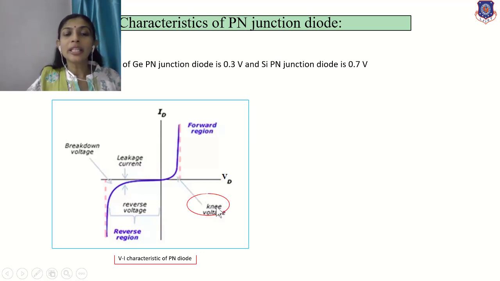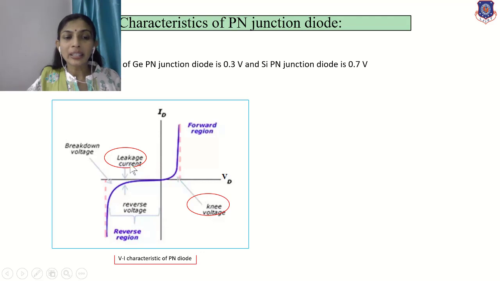So what is the knee voltage? You can define the knee voltage from here, from which the PN junction diode starts to conduct. The switch will be on and current will start to flow or increase. Similarly, in the reverse region, what is the leakage current?